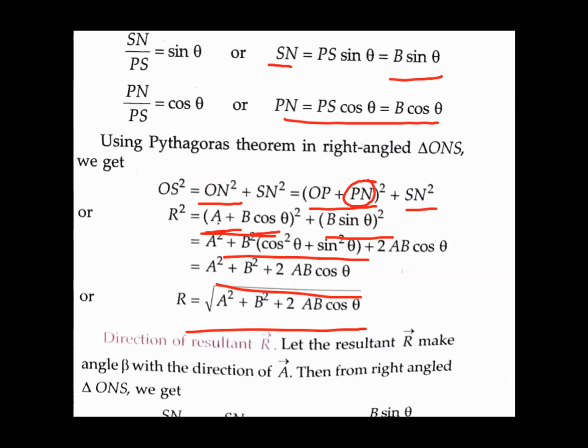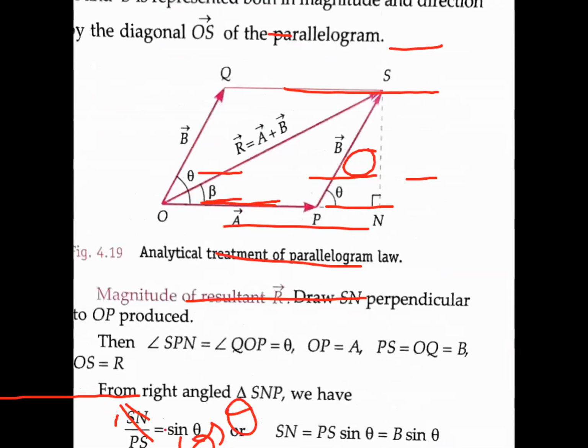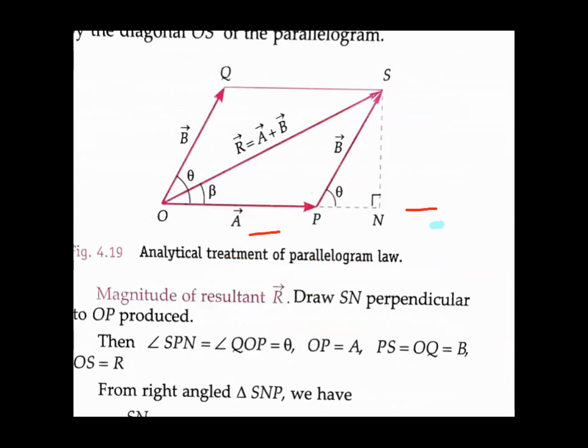Now we need to find out the direction. Direction means angle, right? So for finding out the angle, we are going to find out the value of angle beta. So we are going to consider this triangle, and from this triangle we can get the value of tan beta.